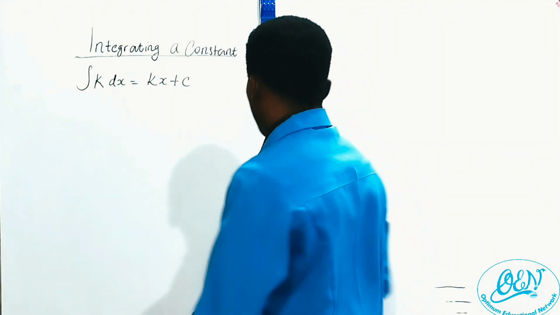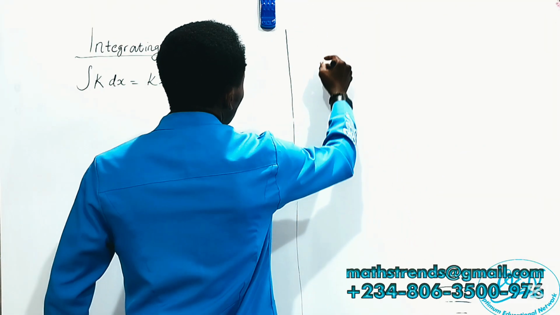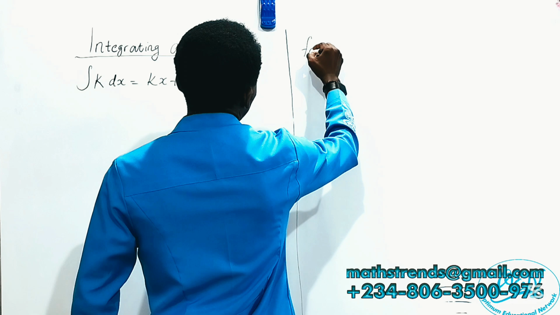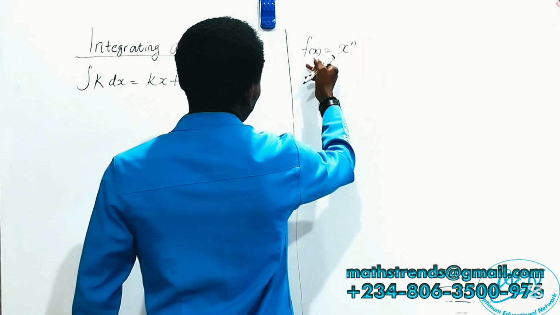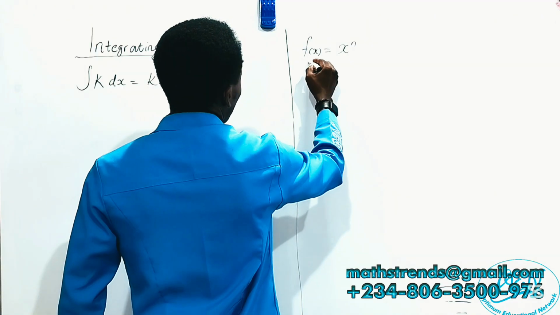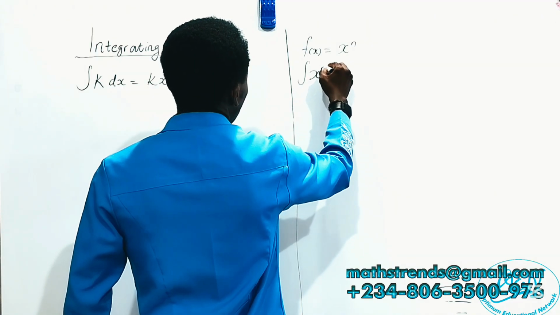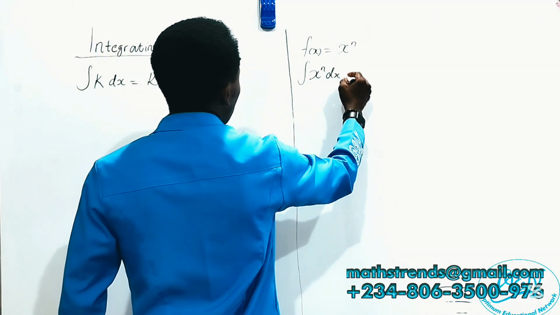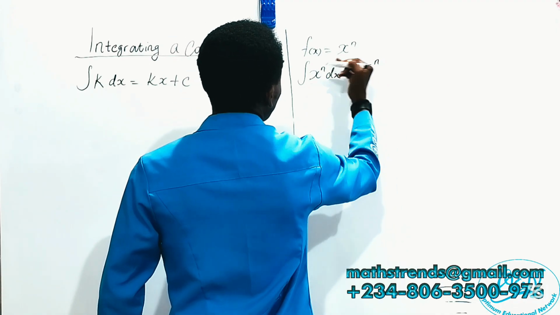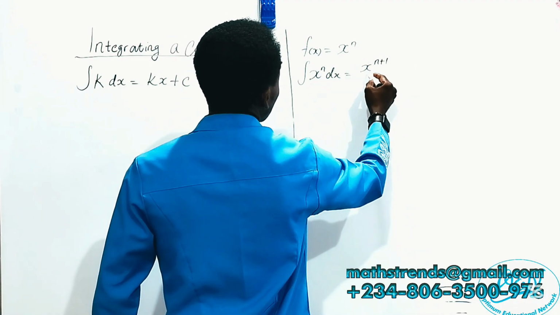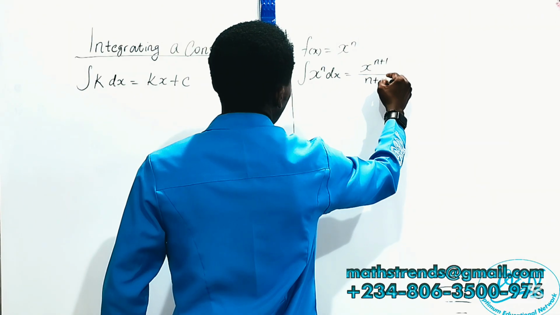For example, if you have a function such as f of x equal to x raised to the power n, to integrate this function, integral of x raised to the power n dx, you increase this index by 1, then you divide by this new index.